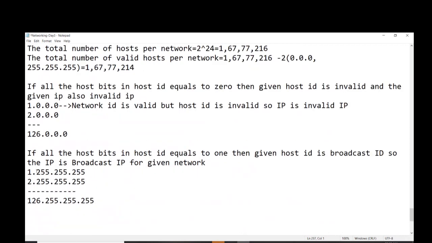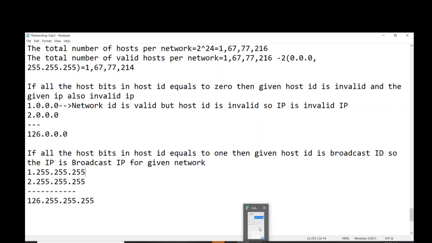Yes, you are making all bits 1. If you make all 8 bits 1 here, what value will you get? 255. Yes, here 255, here 255. That's what it means: this is our host ID, and we are making all host bits 1 in each octet. So we get the value 255.255. This we call a broadcast IP, and we cannot assign this IP also. That's the reason we have done -2 when we calculate the valid hosts per network.